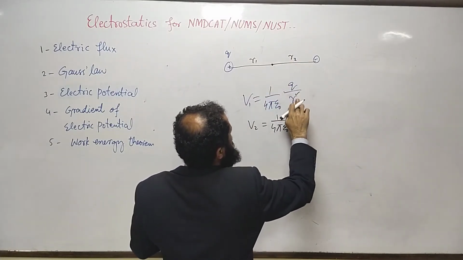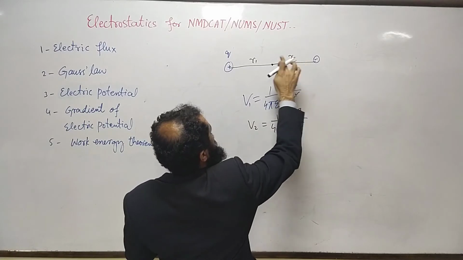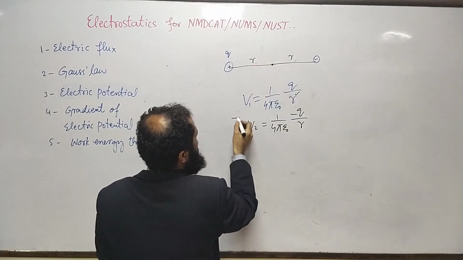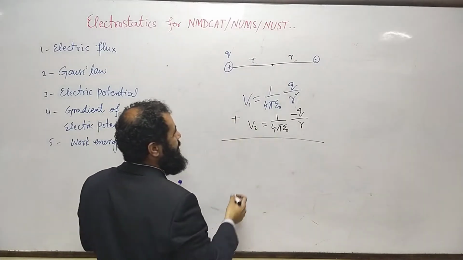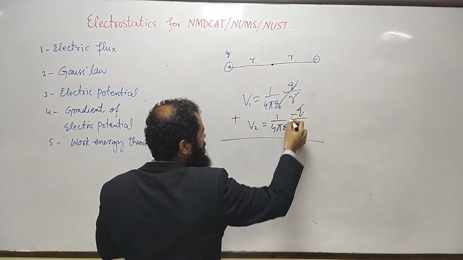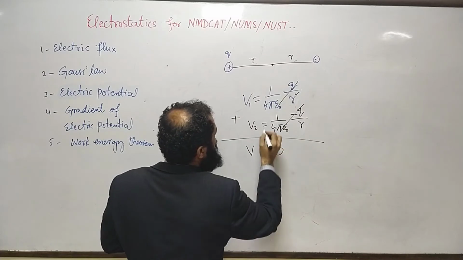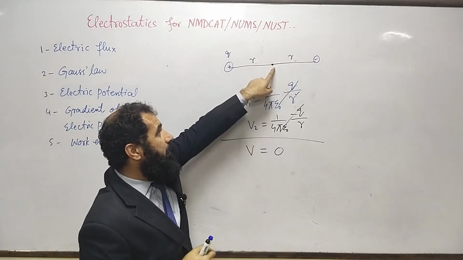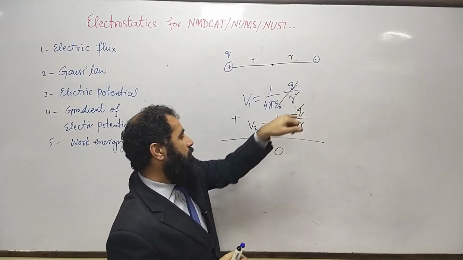If the distances are the same, then I can write it this way, and if I add them, what would I get? 0. So the total potential at this point because of these two charges is 0.